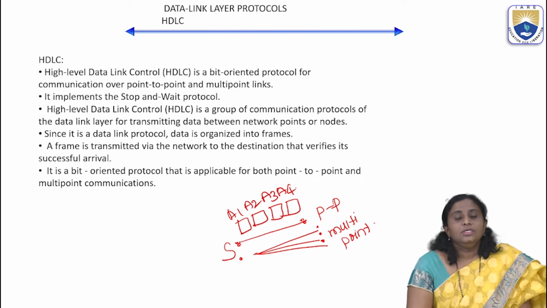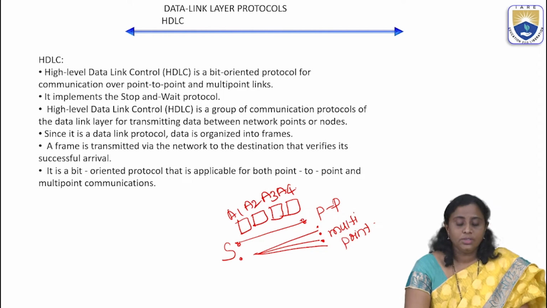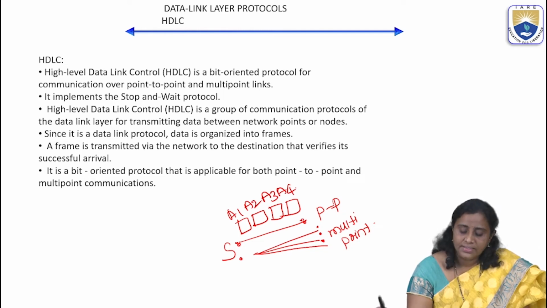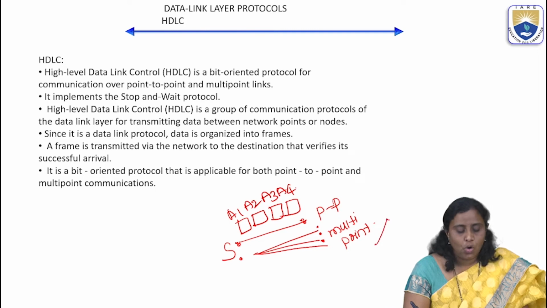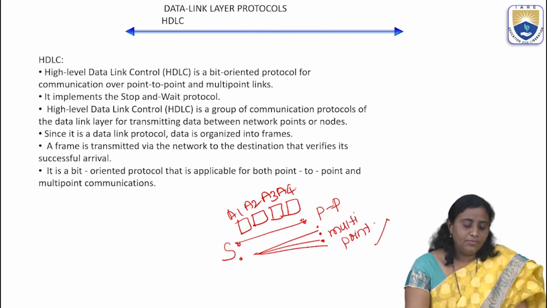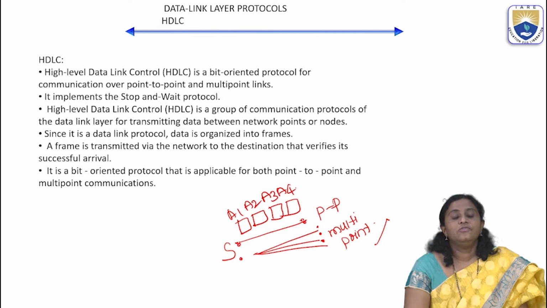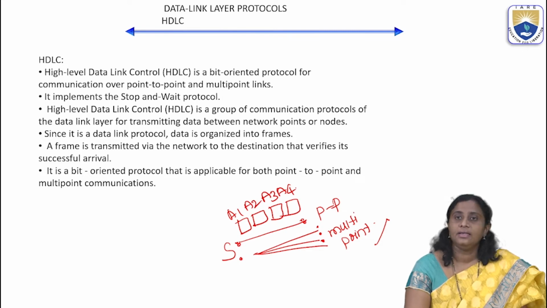As I have already said, it is a bit oriented protocol applicable for both point-to-point as well as multi-point protocols. Again, High Level Data Link Control is a group of communication protocols included under the data link layer for transmitting the data between network points or nodes.